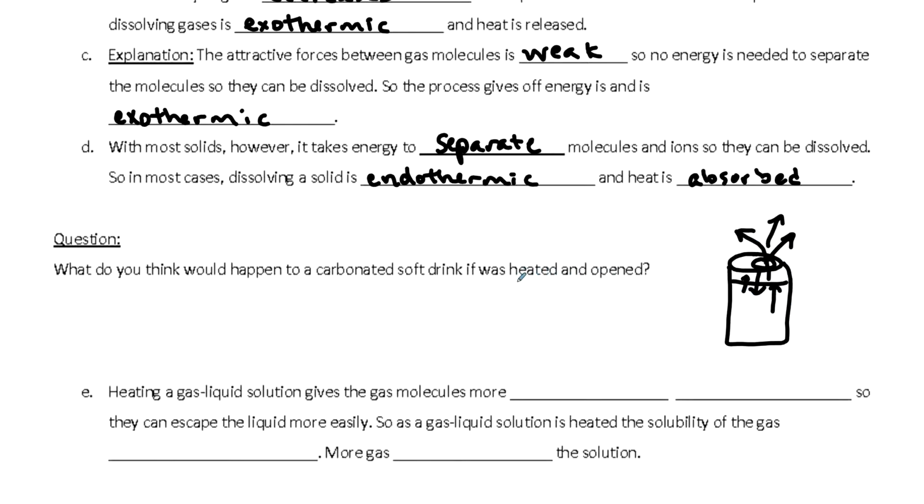Now heating a carbonated beverage just speeds this process up, because we know that carbon dioxide is less soluble as temperature increases. So less of the gas can be contained in the solution as the temperature increases.